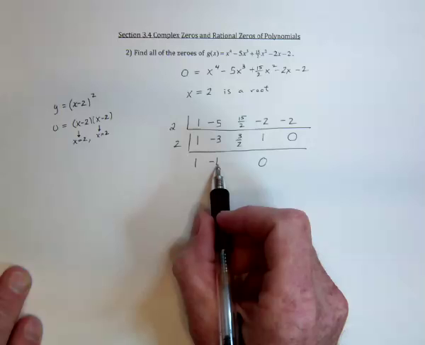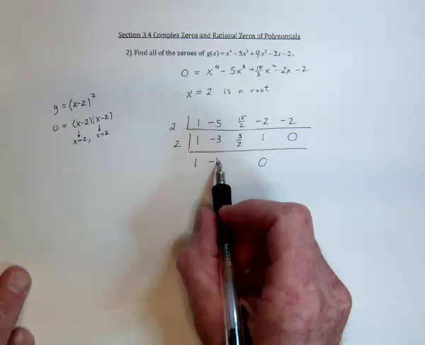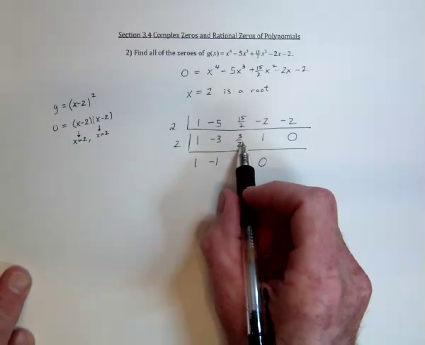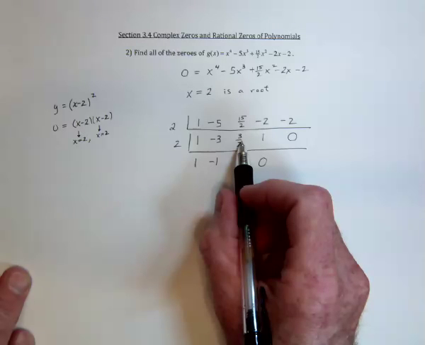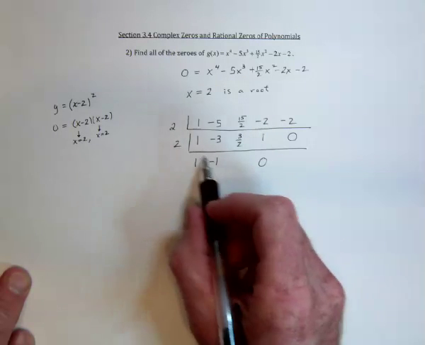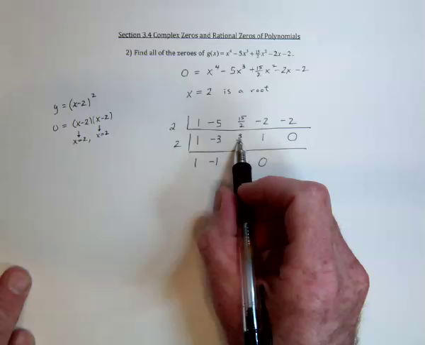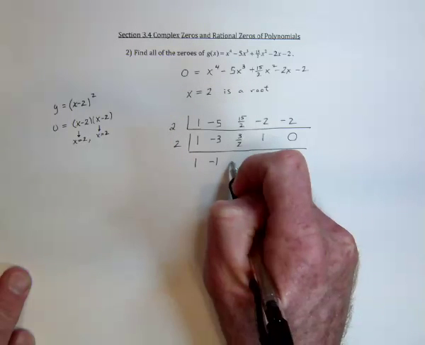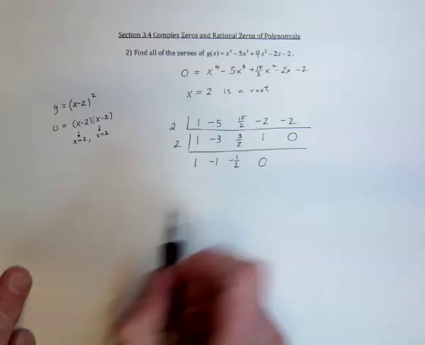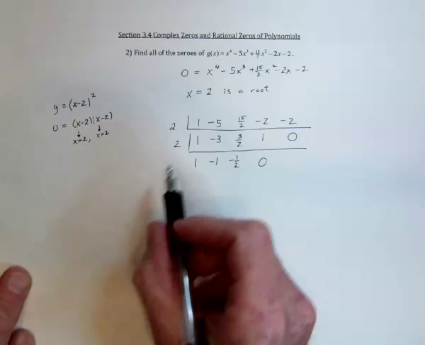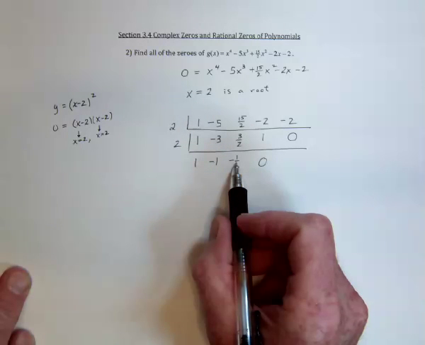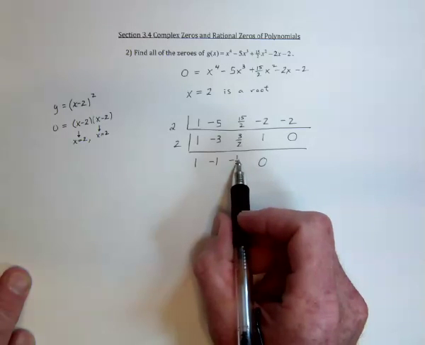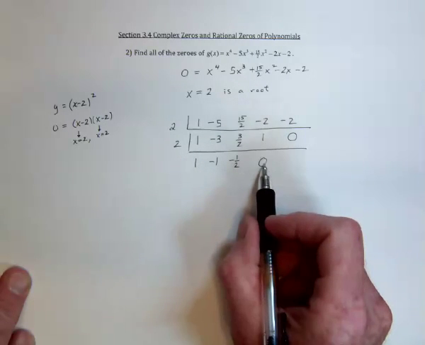Multiply these two is going to be a negative 2, added to this. Well, this is a 1.5, a negative 2, and a 1.5 is going to be a negative 0.5 or negative 1/2. And then multiply these two, and the 2's will cancel, leaving only a negative 1. Take that negative 1 and add it up there. Sure enough, the remainder is 0.